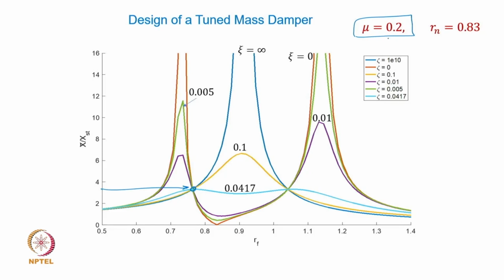And obviously when mu was chosen to be 0.2, the natural frequency ratio, instead of 0.96 or something, will turn out to be 0.83.